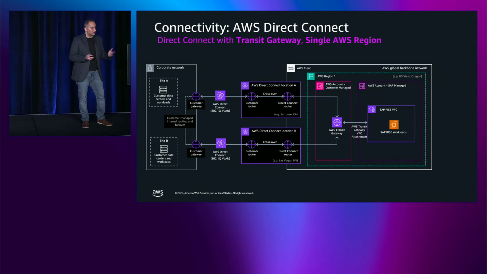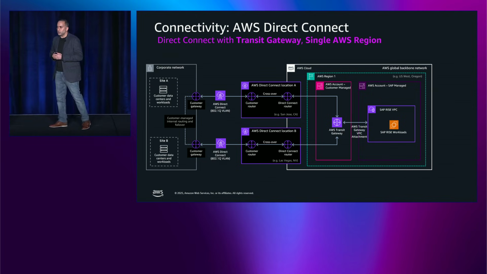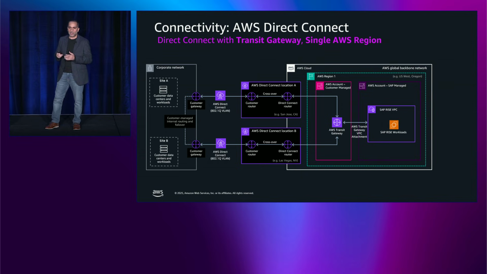From here, we are in the AWS cloud environment using AWS Global Backbone Network. In this architecture, we have a single AWS region with two separate AWS accounts, each with distinct purpose. The first is the customer managed AWS account.